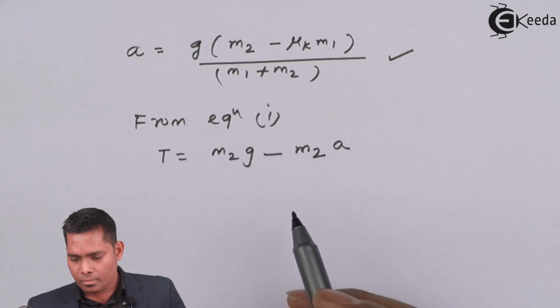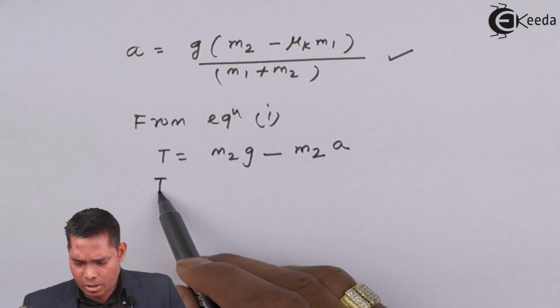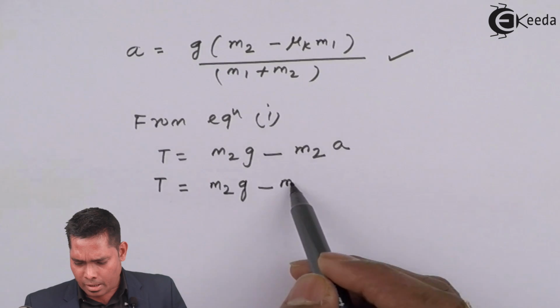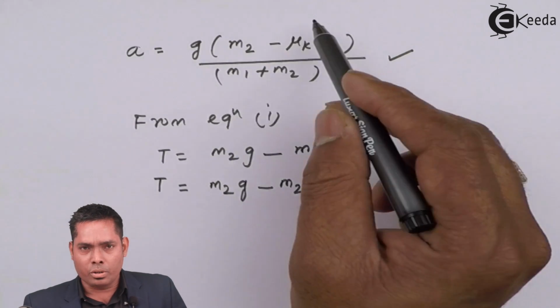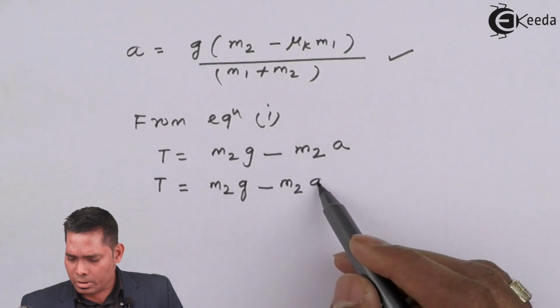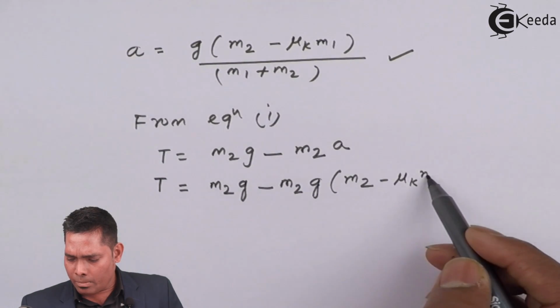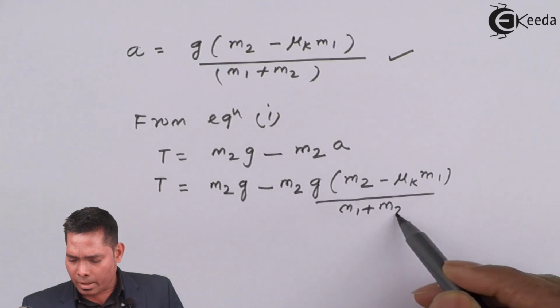So from here I write T equals m2g minus m2a. In place of a, I will substitute this value, which is g times m2 minus mu k m1 divided by m1 plus m2.